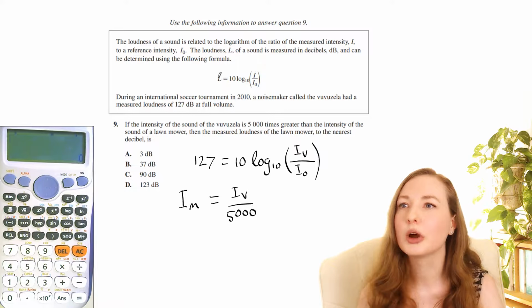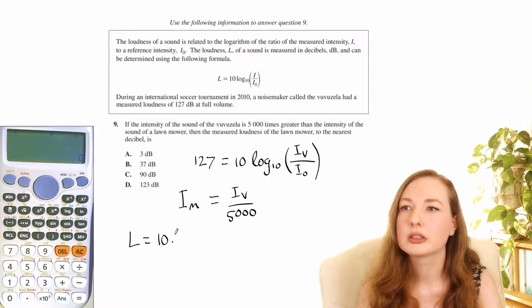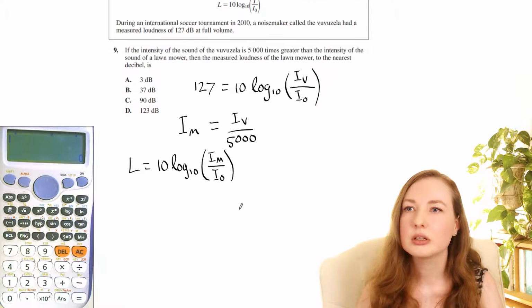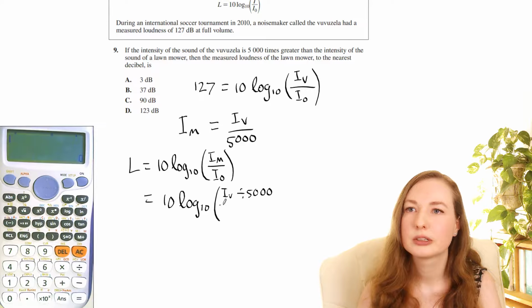So now if we want to work out the loudness for the lawnmower, we could say, okay, that's 10 log 10 of IM over I0, and then use this. So 10 log 10 of IV over 5,000 on I0.